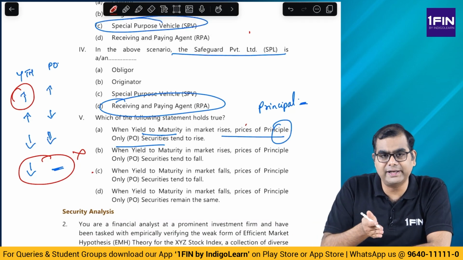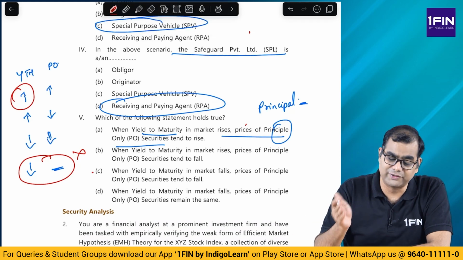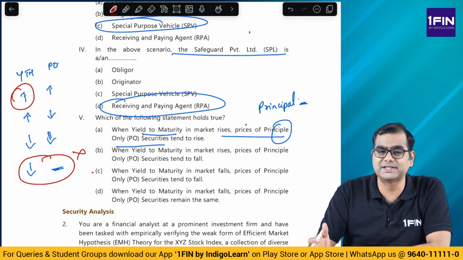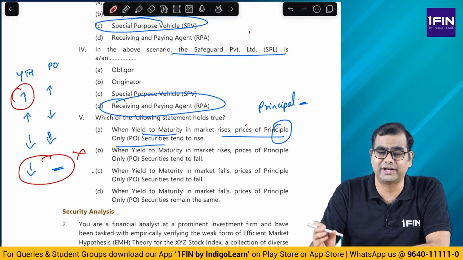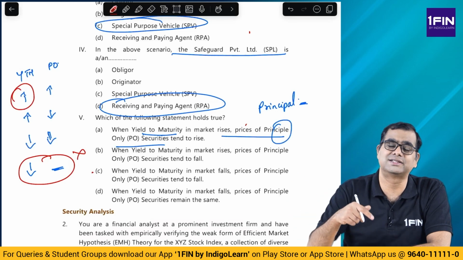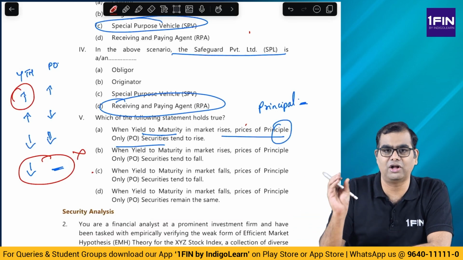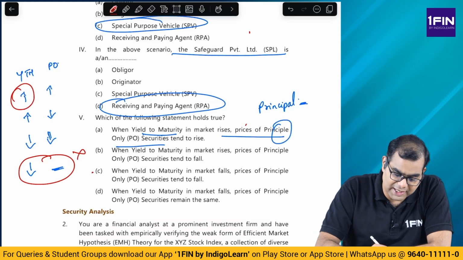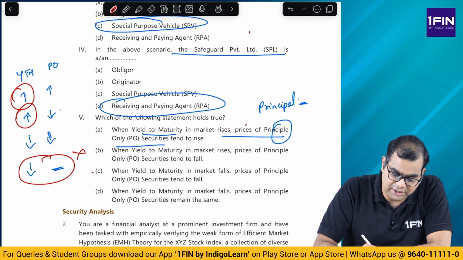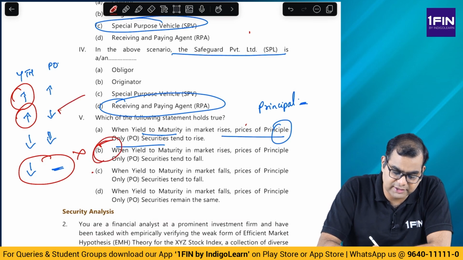If it were going to be paid earlier, obviously the market value would rise. But if it is going to be paid later, if all payments are postponed, the present value of that PO, principal only security, actually reduces, because first of all the payments are spread out. Market interest rate is also high, so the present value of all the future payments comes down. So the answer is when yield goes up, the PO security value will fall. So that is our answer, option number 2. Option number 2 is the correct answer.